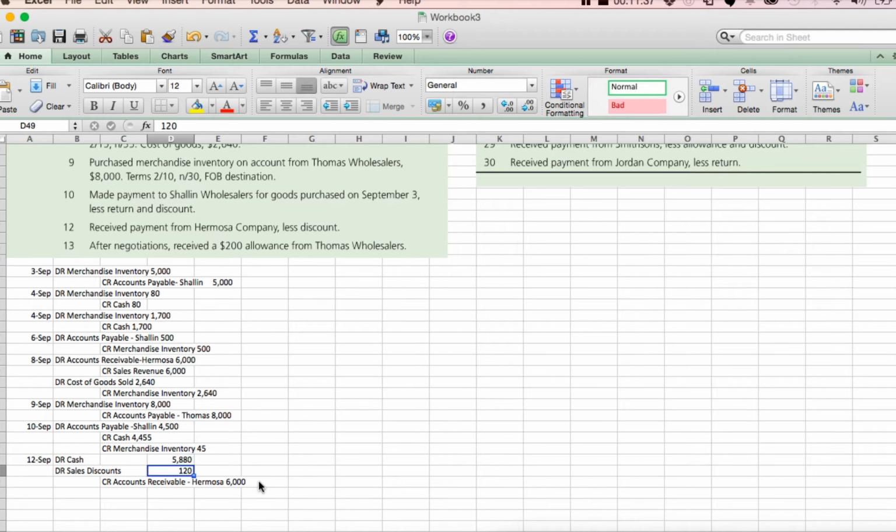So a debit to cash, $5,880, records the cash we received. Sales discounts will serve to lower our sales revenue from that sale, to have the net sales revenue reflect what we actually received, and then this will completely close out our accounts receivable.